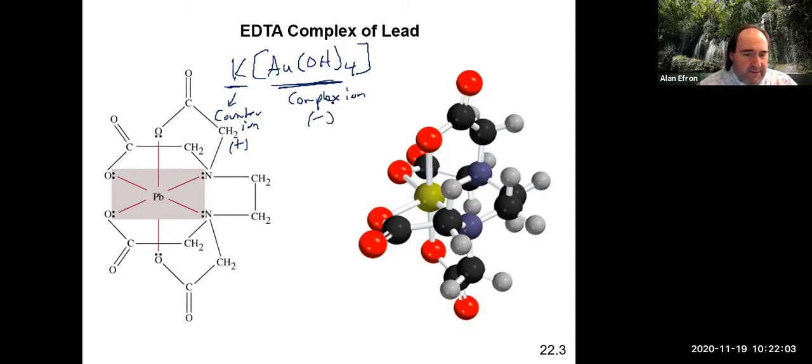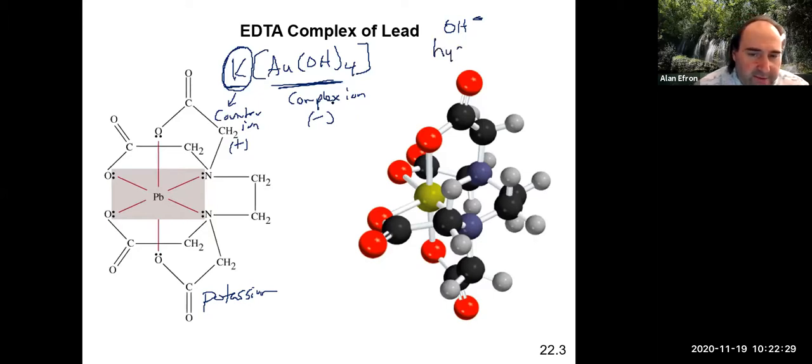So we're going to start the name with just the counter ion. So we would just call the counter ion its whole name, just like normal. Even again, if there was more than one of them, we would just call that potassium. So now if we dissect our complex ion part, we really have just one type of ligand that's present, and that's hydroxide.